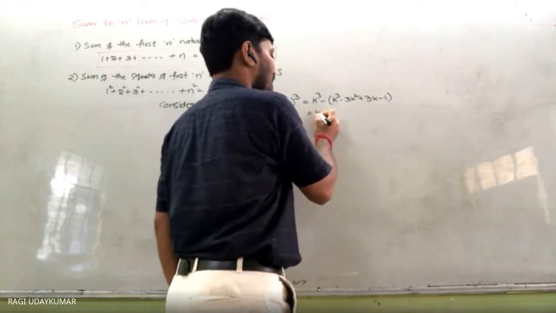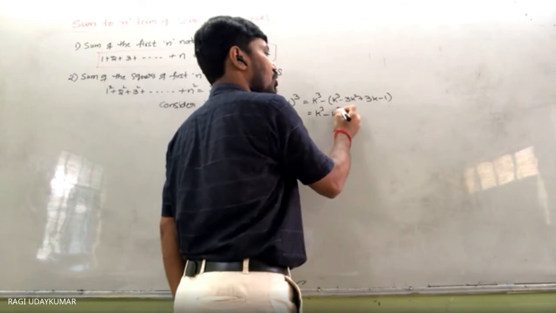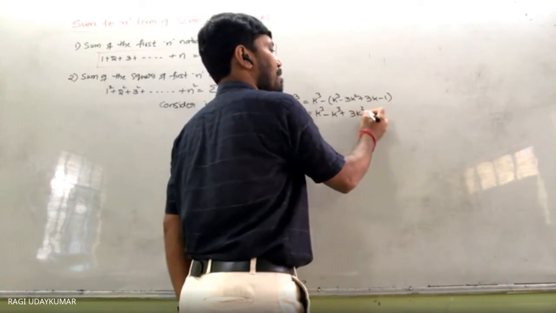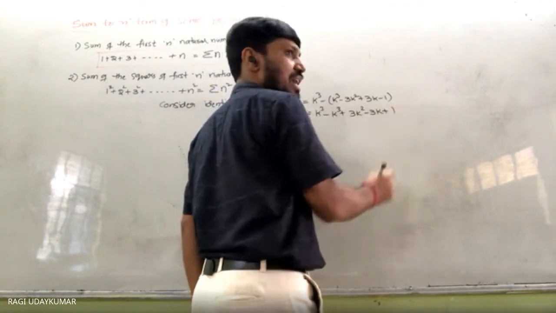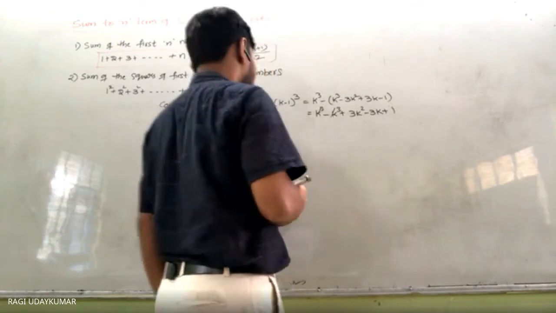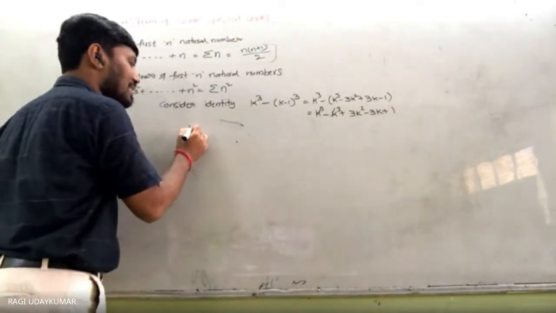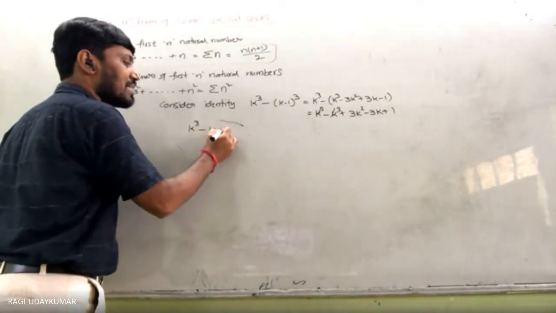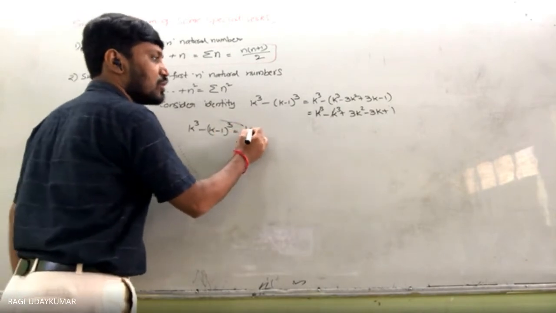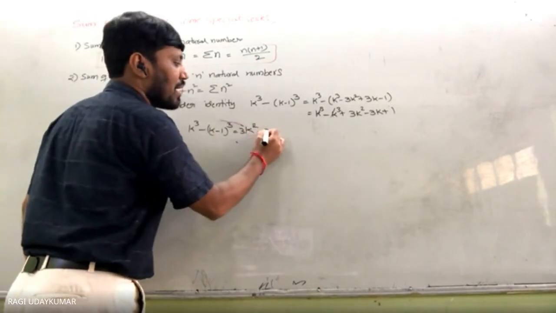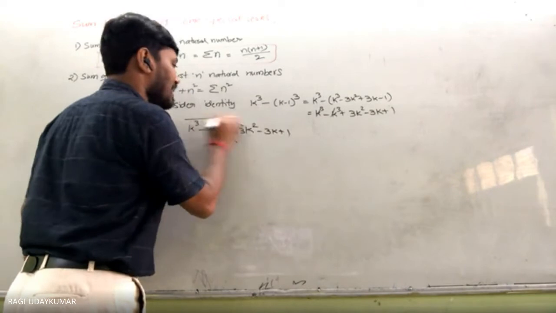So we are going to get k cube minus k cube plus 3k square minus 3k plus 1. ये दोनों कैंसिल हो जाए. So we are going to get an identity: k cube minus k minus 1 whole cube is equal to 3k square minus 3k plus 1. This is an identity.